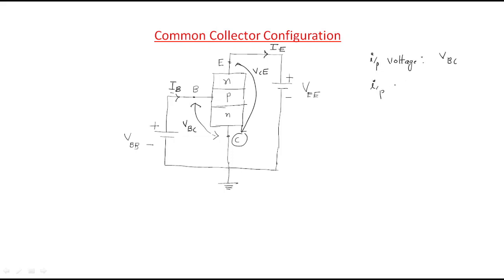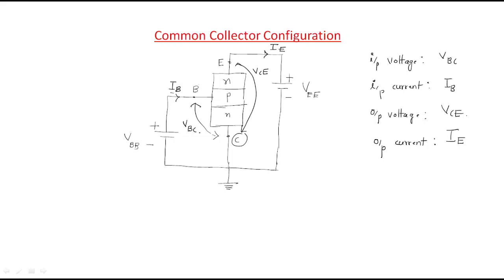Next, input current is IB, output voltage is VCE, and output current is IE. So mainly the input terminal is the base terminal and the output terminal is the emitter terminal. The collector terminal is common for the base terminal and the emitter terminal.